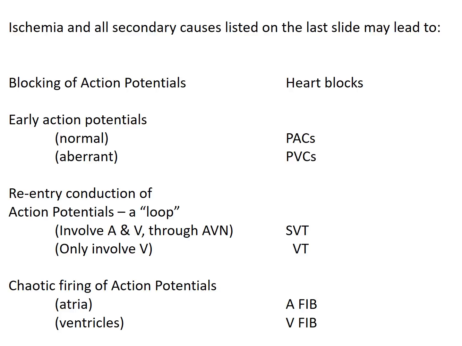Or you can just get the sudden, random, chaotic firing of action potentials. If that occurs in the atria, it places the individual in atrial fibrillation; if that occurs in the ventricles, ventricular fibrillation. So we'll look at these a little bit closer as well.